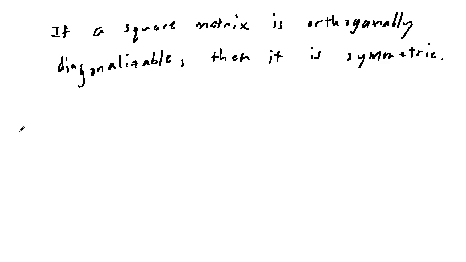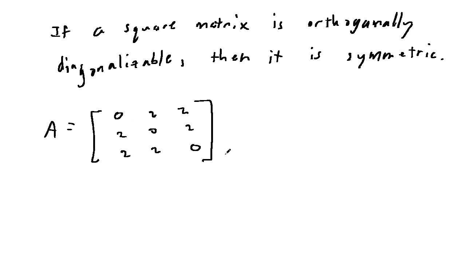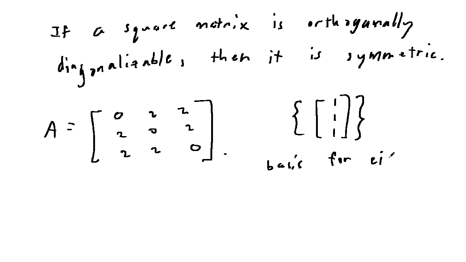Let's return to our symmetric matrix A, given by this. We found that the set consisting of this vector forms a basis for the eigenspace of lambda equals 4.